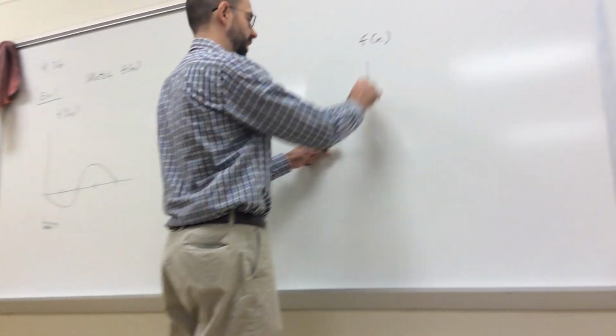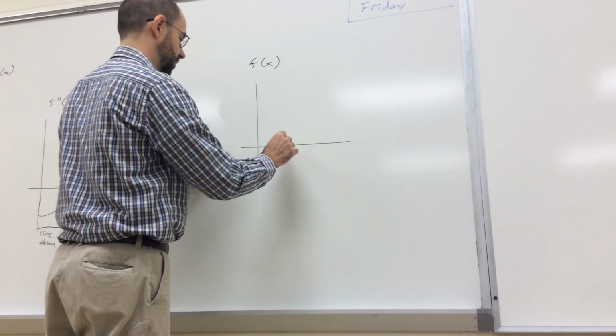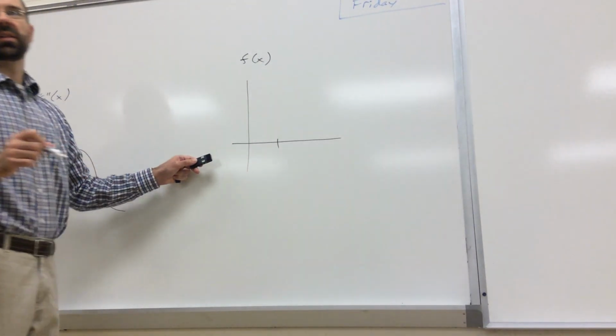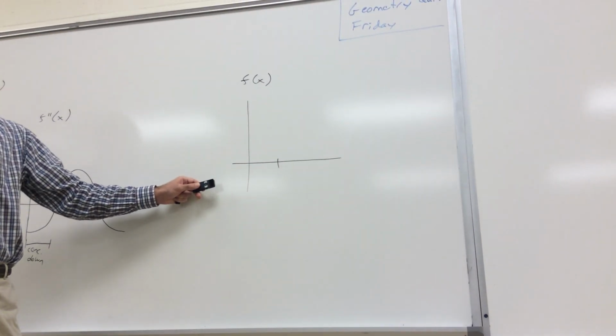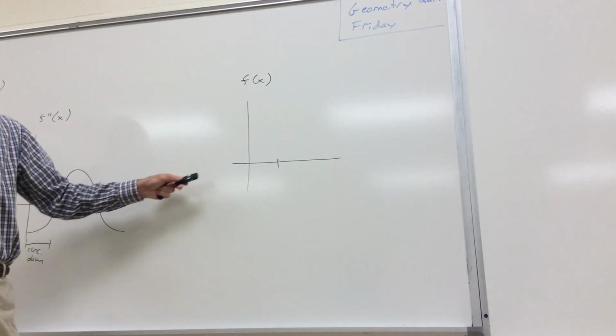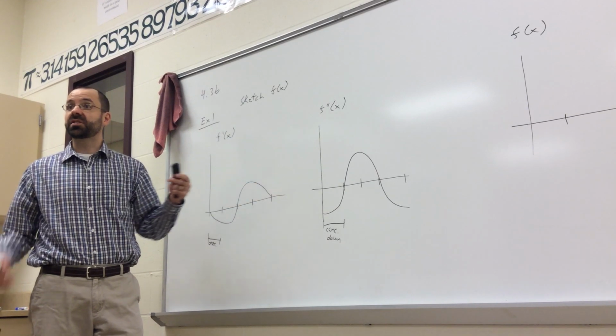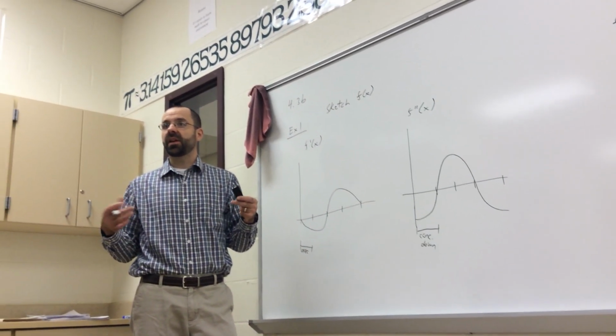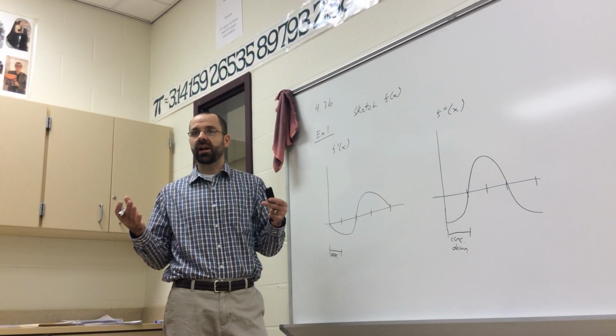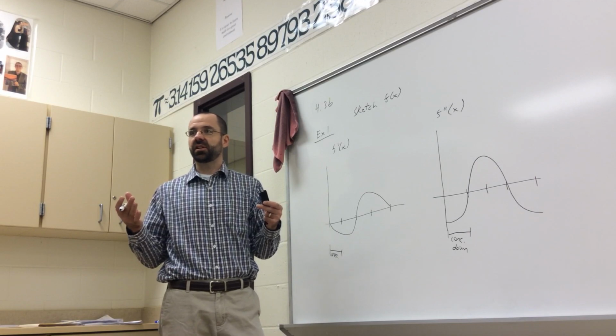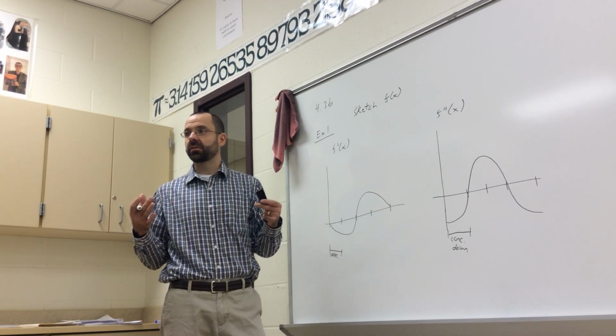So we'll just go over here and do that from 0 to 1. It's a little bit awkward because I don't know where to start, but that's okay because if f prime and f double prime are the only information we have, that just tells us about the shape of the graph. It doesn't tell us where the graph is.